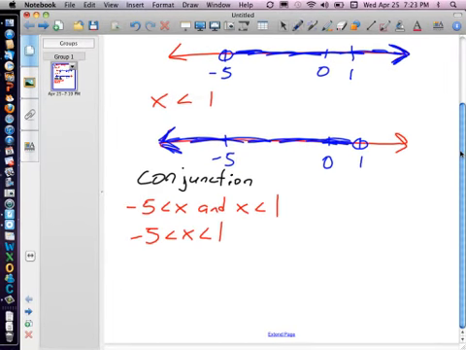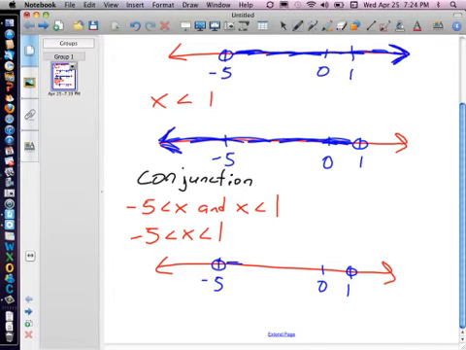And if I were to graph that, it looks pretty similar to the two graphs above. So we have the 1 and we have the 0. Put the negative 5 in there. And I'm going to put an open circle here and an open circle here, and then shade in between.